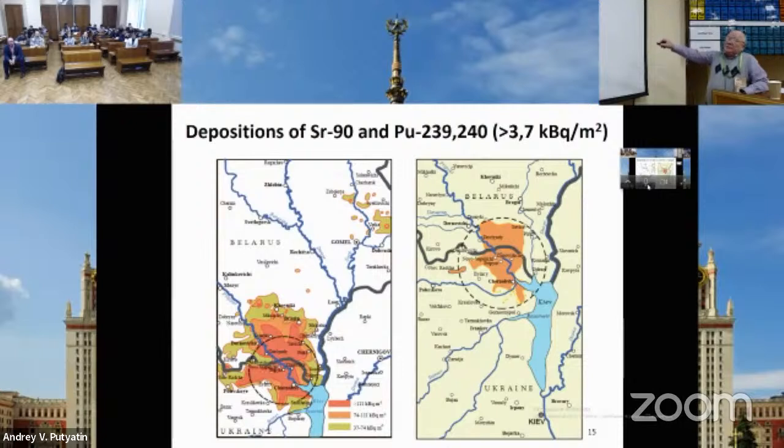There is some nearby, and there are some spots over here in Belarus. Concerning the plutonium isotopes, the majority of plutonium was deposited in the 30 kilometer zone around the Chernobyl nuclear power plant.